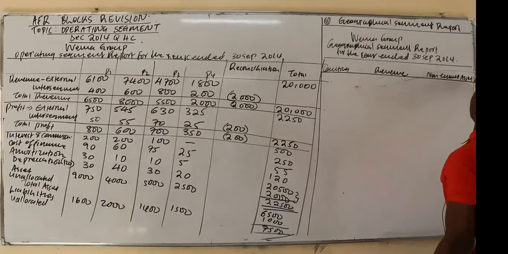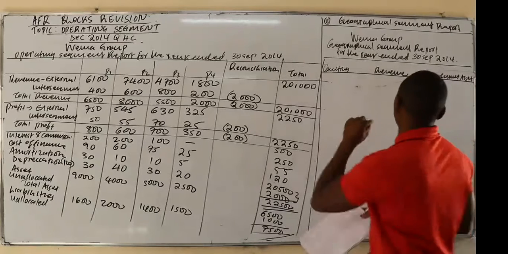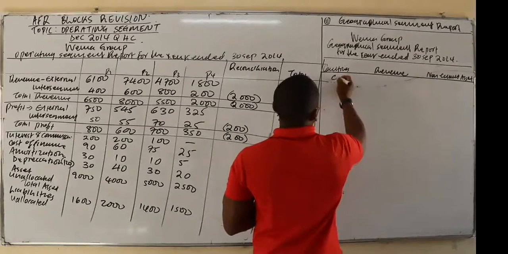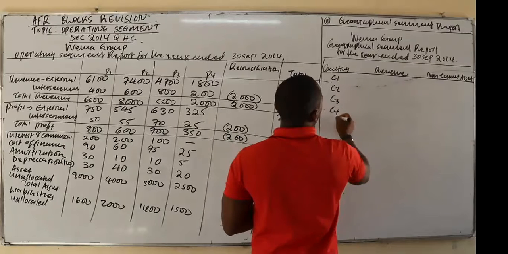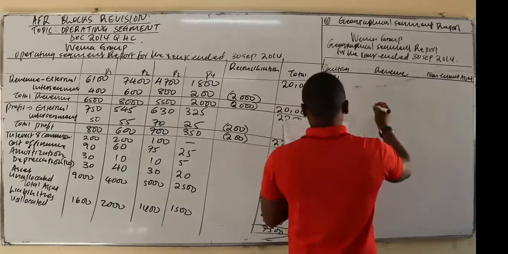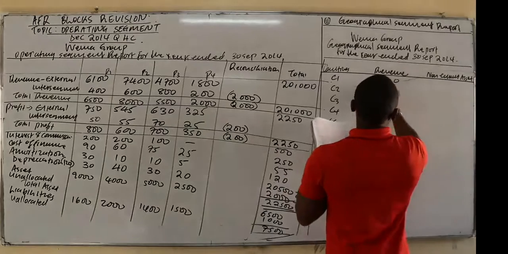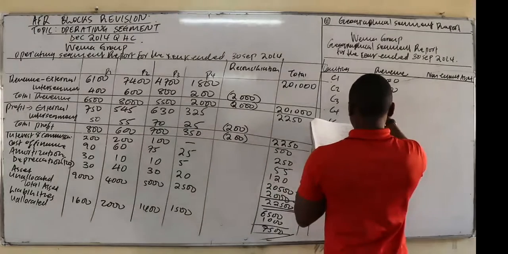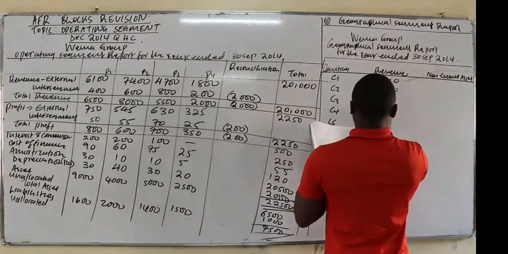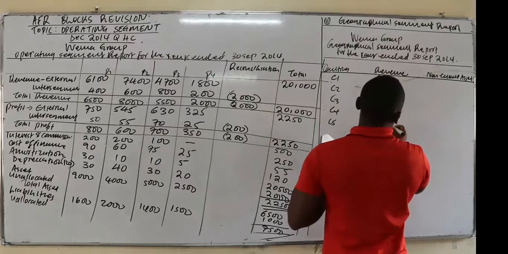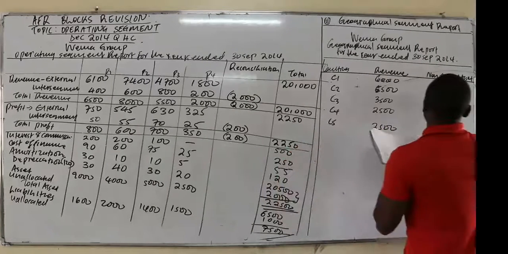For the geographical segment report, you only show the revenue from the external sales and the non-current assets. So you have C1, C2, C3, C4, C5. So you have 6,000, 55, 35, 25, 25. Non-current assets, you have 25.